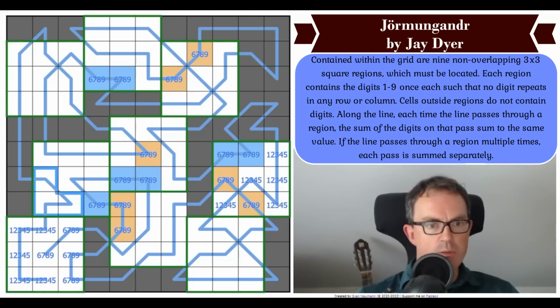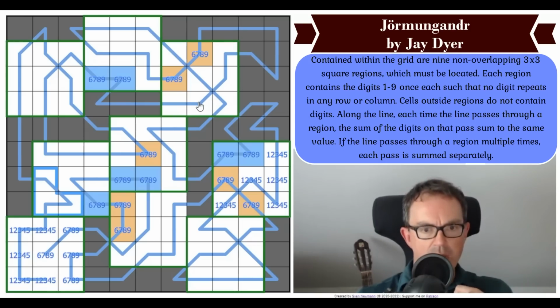So, what I was doing was I was trying to work out how to do these 6s, 7s, 8s, and 9s. Oh yes, and I had the idea that I wanted to get two different colours on the same line.